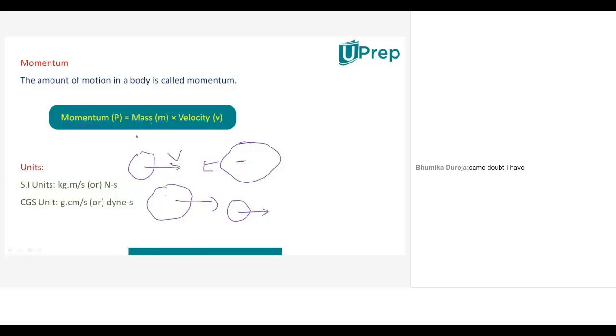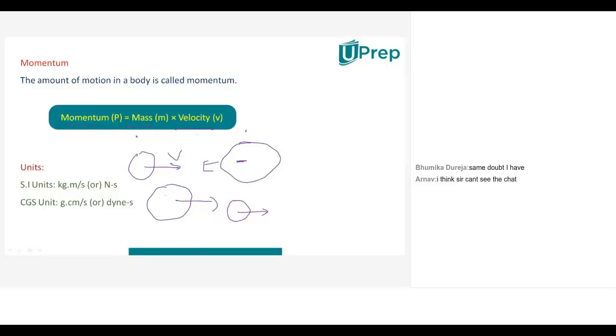That's why these two physical quantities are combined as one physical quantity, which is termed as what? Momentum. So momentum is equal to mass into velocity. You have to say like this: the product of mass and velocity is known as momentum. It is a general definition. But according to physics, the amount of motion in a body is called momentum.